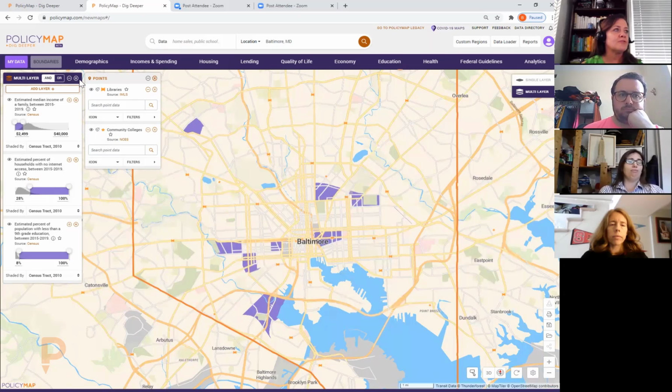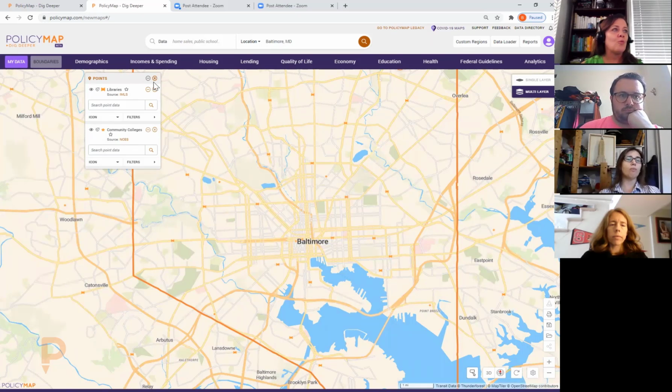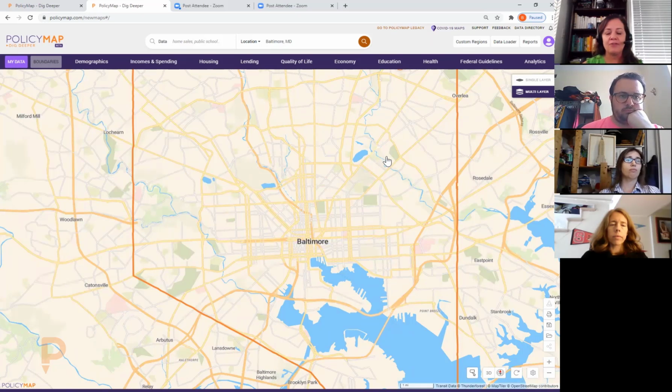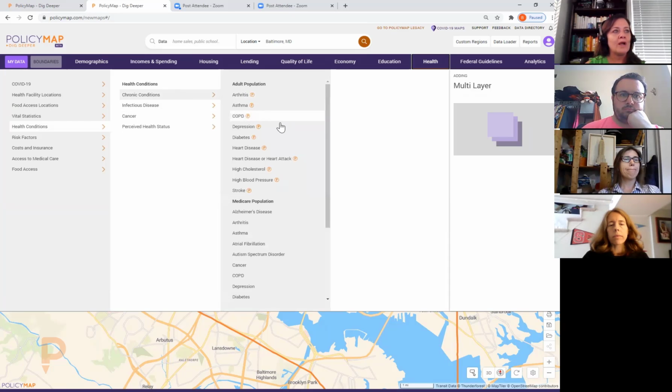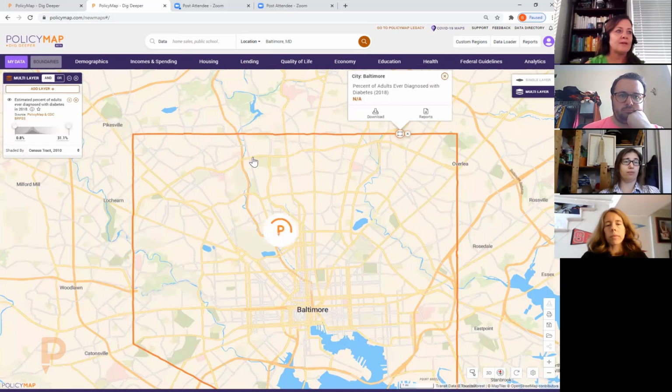You can also do a multi-layer map where maybe you're taking a look at specific health conditions. And this is really where I feel we shine. We have the small area health estimates, where we can take a look at specific health conditions. So, where are there a large number of people who have diabetes or high blood pressure?